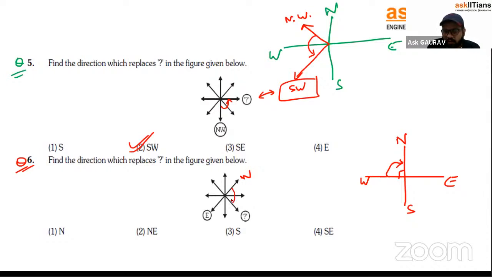So the question mark will resemble this north direction. One option. Yes, Anna, Aditya, Joy. Right, guys? Is that clear to everyone? Okay.